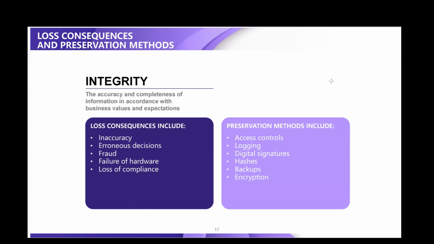For the integrity, as I've said earlier, integrity has to do with the accuracy and completeness of information in accordance with business values and expectation. What are the consequences? Just a few are listed on the screen.